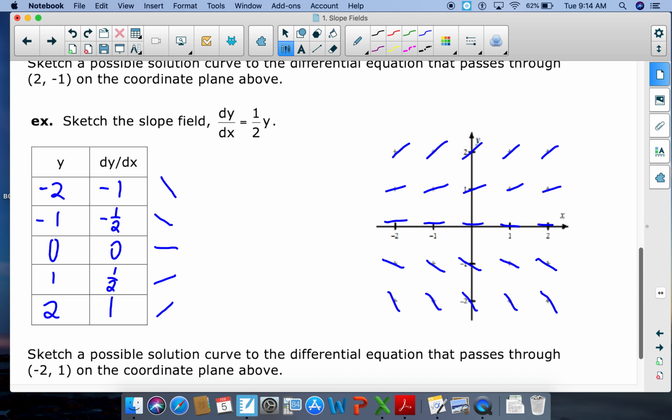Good? So we definitely got the curvature of our graph.